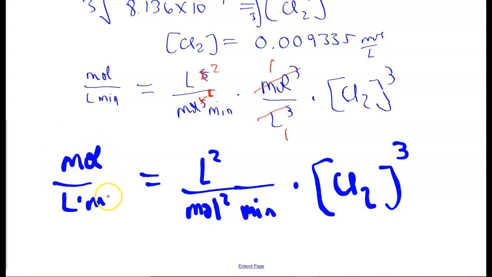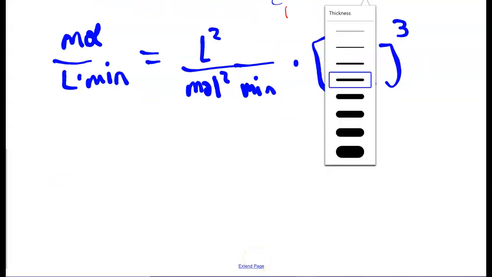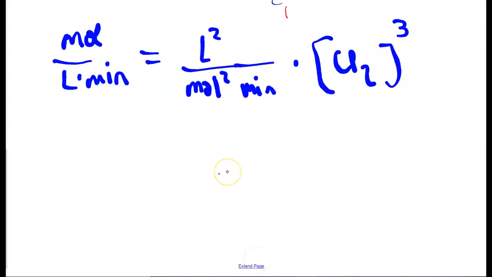So if we continue with our work on getting rid of our units, we know that we're going to have to multiply both sides by the reciprocal of this, because I want to get this by itself.